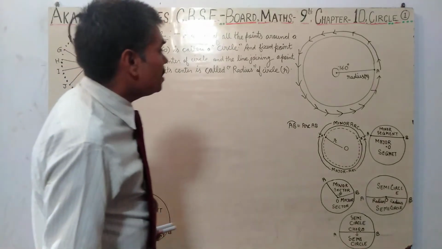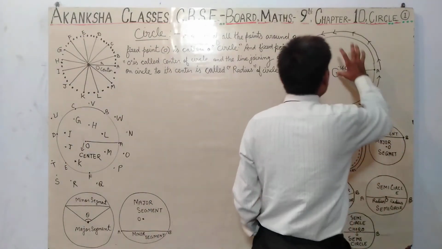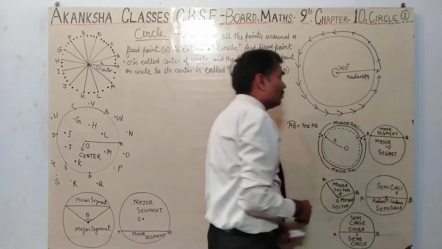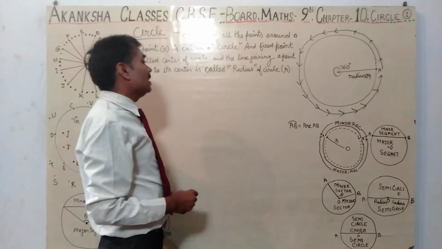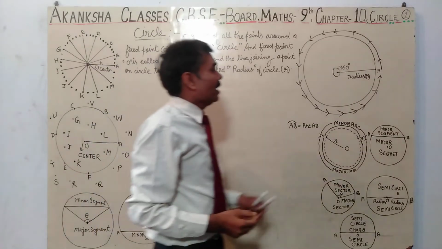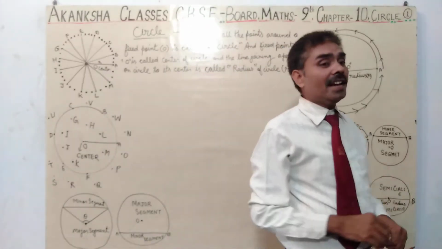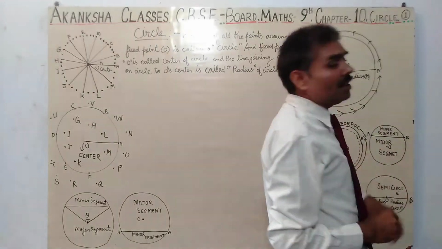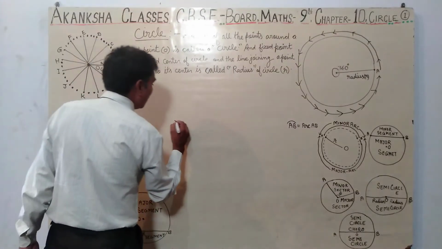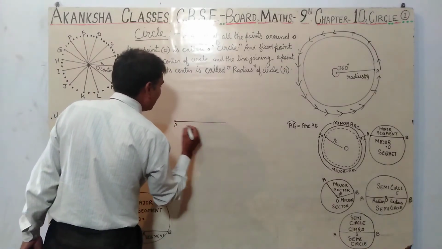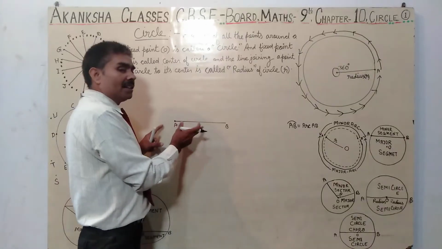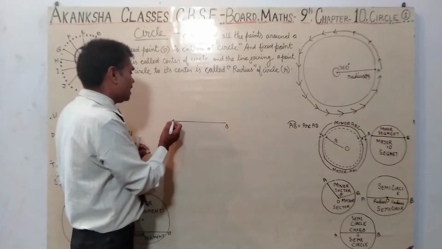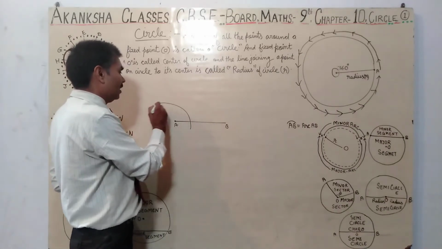But students, we used to make arcs to construct a desired angle which is a multiple of 15 degrees. For example, when we are asked to construct an angle of 60 degrees using compass and ruler, we draw a line segment AB, and now with a convenient radius, taking A as center, draw an arc.